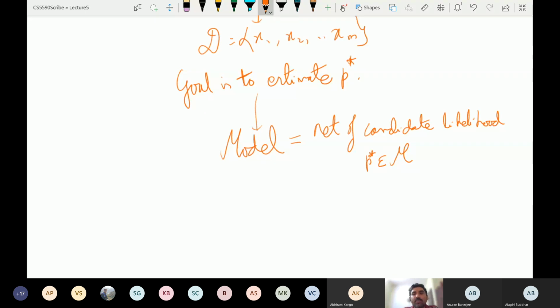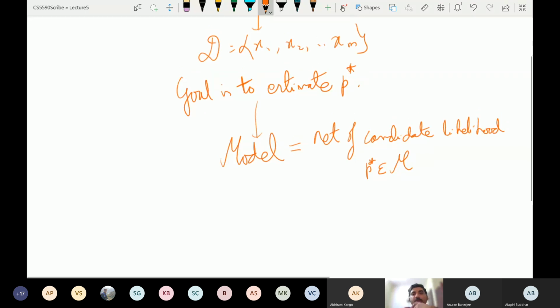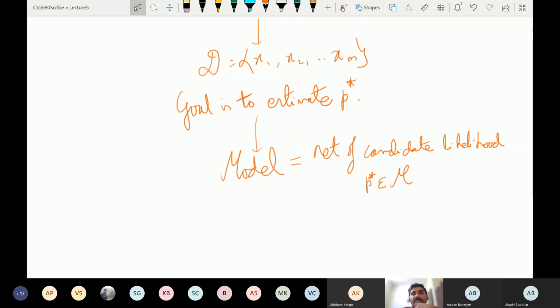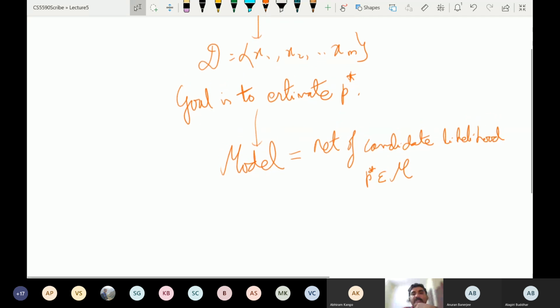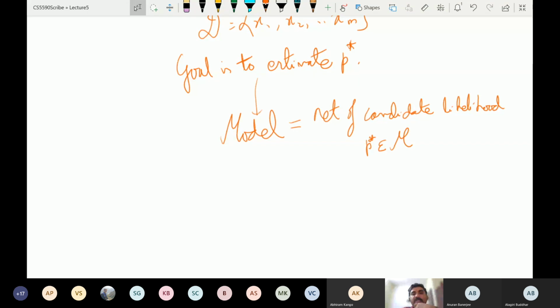So the problem turns out to be picking one of these candidate likelihoods. The question is which of these likelihood functions is closest to P star given the data. That's the question you try to answer.